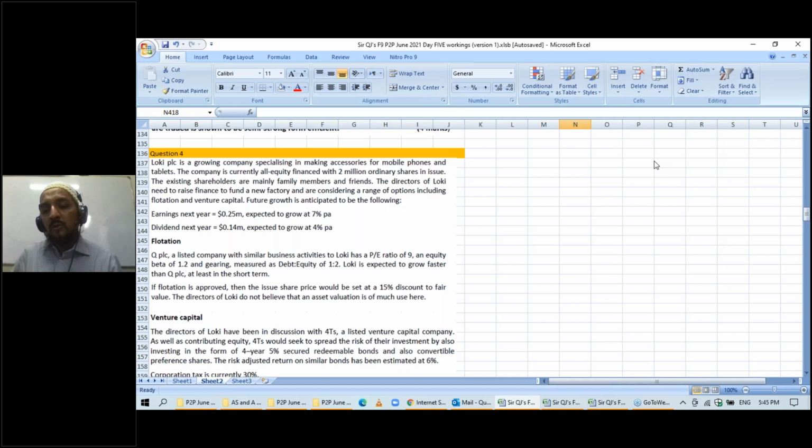Remember, own figure rule means that if your first figure gets wrong, then the examiner will mark the rest of the question, the 90% of the steps coming afterwards, on your own figure basis. So if it is calculated correctly and presented step by step, you will get the remaining marks. You will be penalized just for the one mistake you made in the beginning. So that's very important, that you make the workings properly.